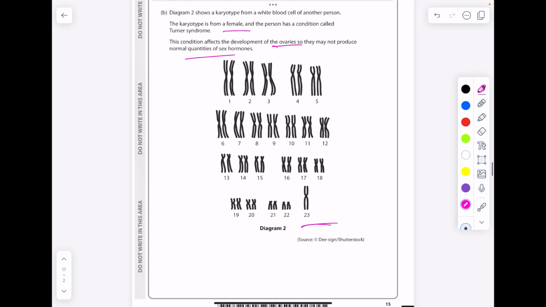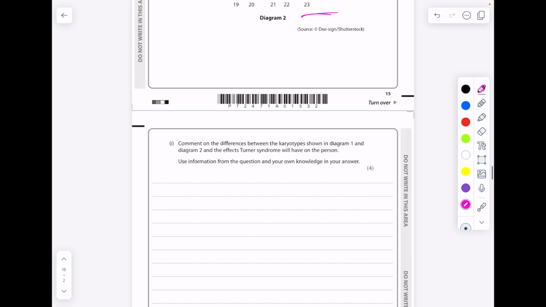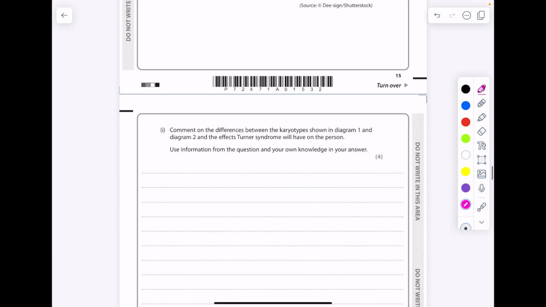So first of all, we can see a missing X chromosome. So diagram 2 is missing an X chromosome. So what's the issue here?